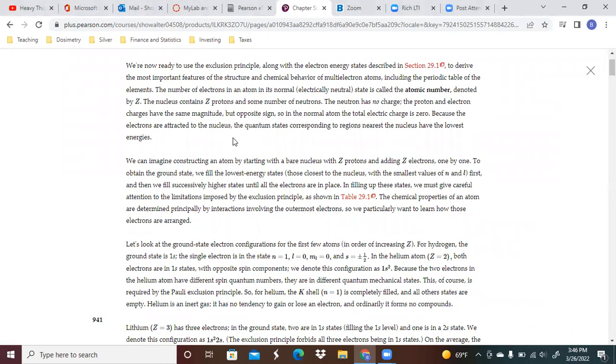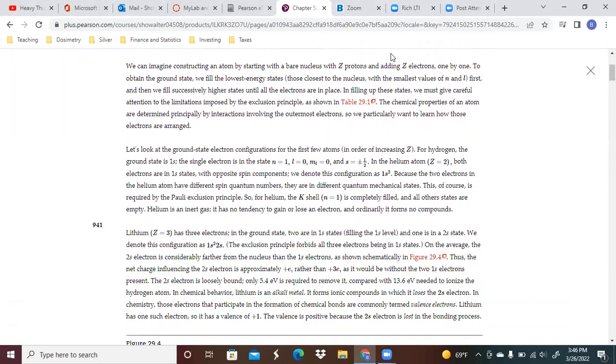Because the electrons are attracted to the nucleus, the quantum states corresponding to regions nearest the nucleus have the lowest energies. So we can imagine constructing an atom by starting with a bare nucleus with Z protons and adding Z electrons. To obtain the ground state, we fill the lowest energy levels first, and then we fill successively higher energy states until all the electrons are in place.